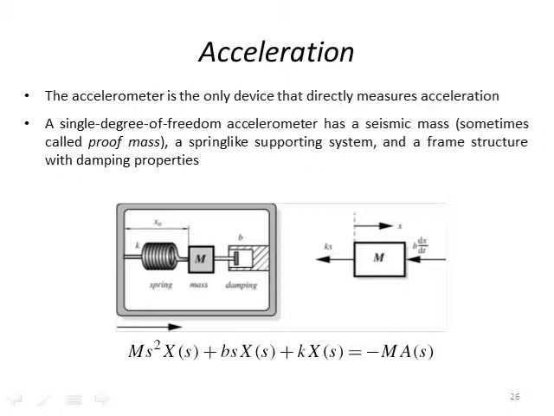And we saw the transfer function for this system already in the first lecture. Most importantly, you can see that the spring and the damper are connected to this frame on the outside. So it's the frame that's going to be connected to the entity that experiences an acceleration or a deceleration.